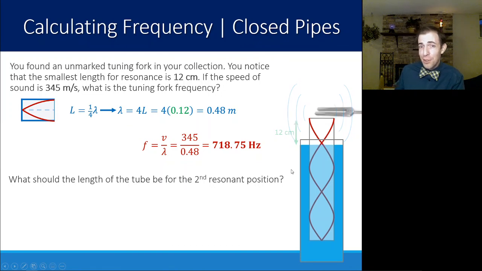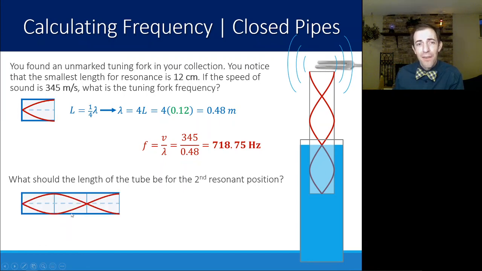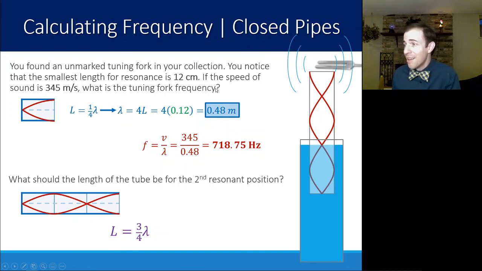Second resonant position would mean I keep lifting it up until it resonates again. In this case, now I have 3/4 of a wave that fits in there, 3/4 of a wavelength. If I'm trying to figure out what the length of the tube is, now I just want to find L. I'm not given L, but I know from this initial problem that the wavelength was 0.48.